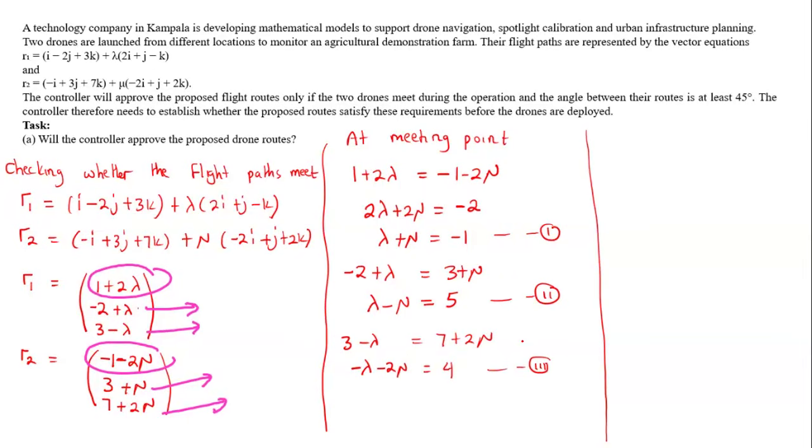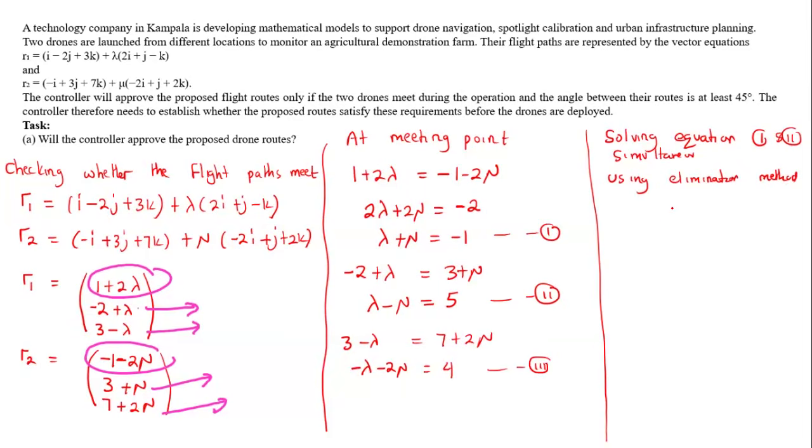Now, what are you going to do? You are going to solve these equations simultaneously. Feel free to use any of the pairs you want. So you can either use pair 1 and 2, or pair 3. So I'm going to say now, solving equations 1 and 2 simultaneously, using the elimination method.